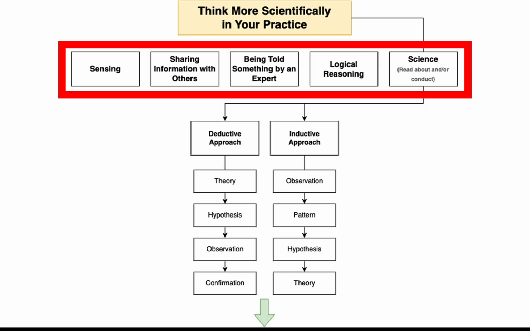But there are 5 ways to know things, and given the state of technology today, sharing information with others and being told something by an expert, and I'll put quotes around expert, those are 2 very powerful ways in which information is disseminated and truths are established and communicated that may or may not, in fact, be close to the truth.